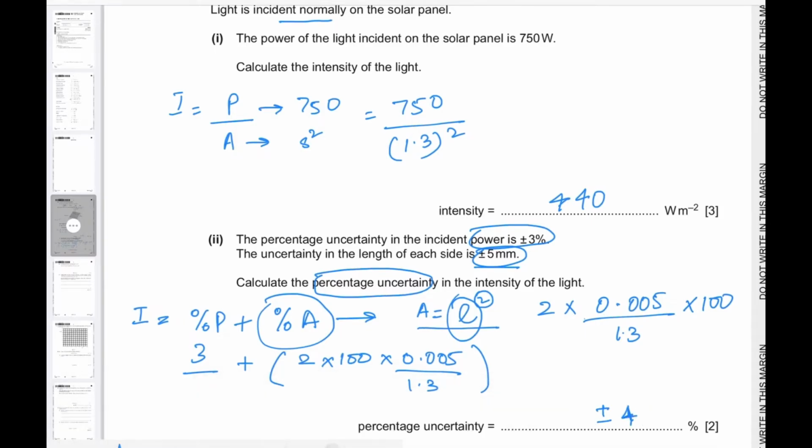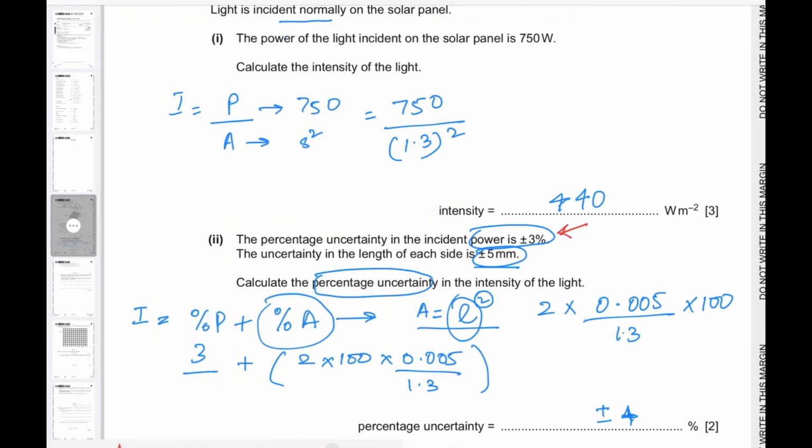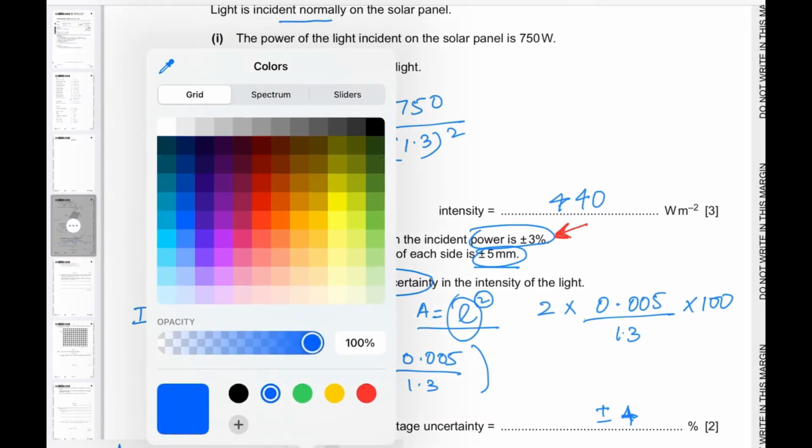Now be careful of these significant figures here. We usually round our final answers to 2 significant figures, however, as you can see here, the question points out the percentage uncertainty in 1 significant figure only, so you'll need to follow the pattern already set in the question.